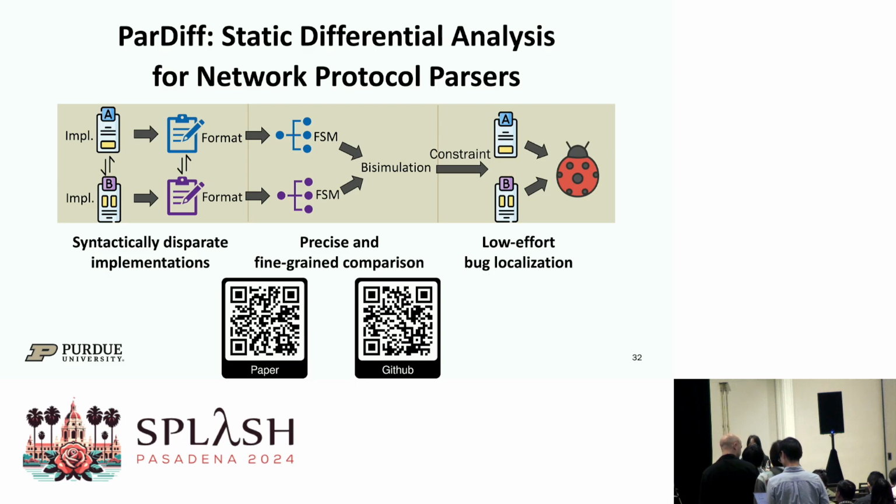I think currently we are only able to handle the comparison of input validation checking, because we are extracting the path constraints directly from the source code's if-else checking or switch-case checking. These path constraints apply to parsing or input validation checking, not only in network protocol parsing, but also in other applications like media codecs.